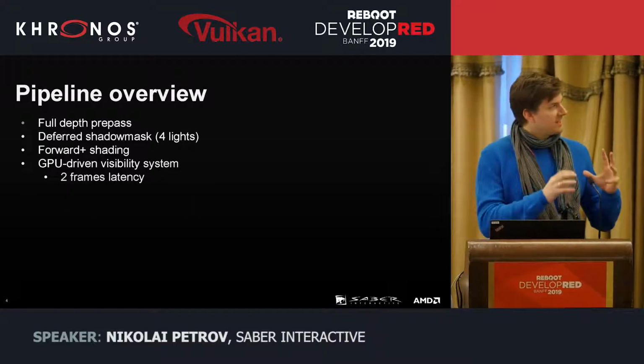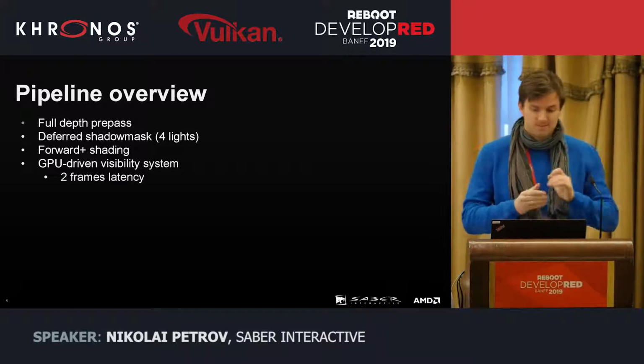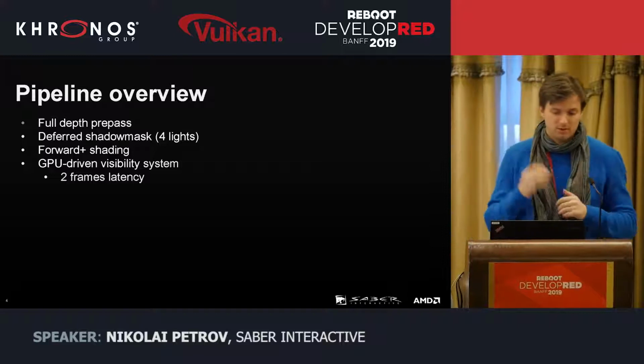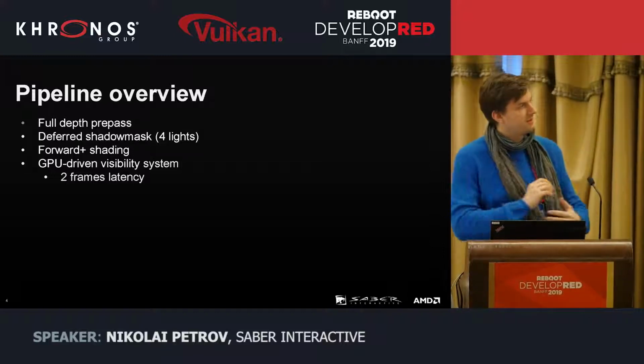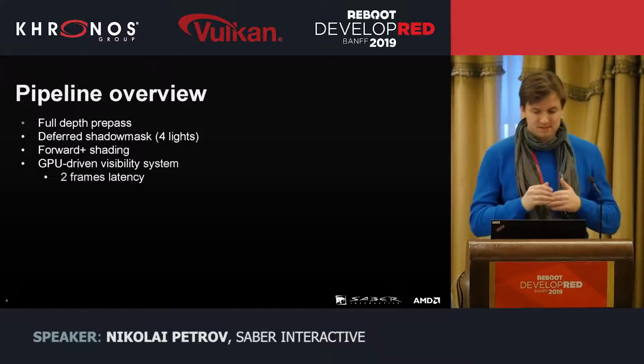Well, here are the main ideas of our rendering system. We are doing a full Z pre-pass. It helps us eliminate overdraw in the further color pass, but also provides the opportunity to do some pre-shading tasks based on Z-pass data.